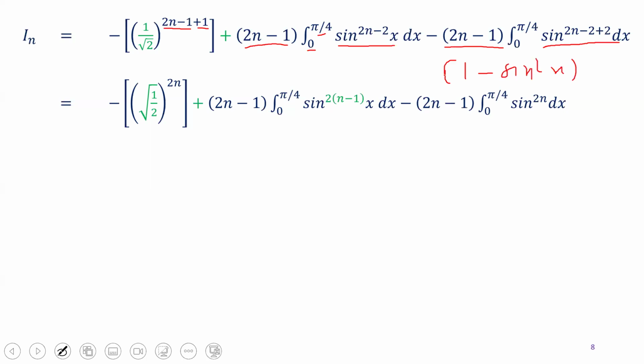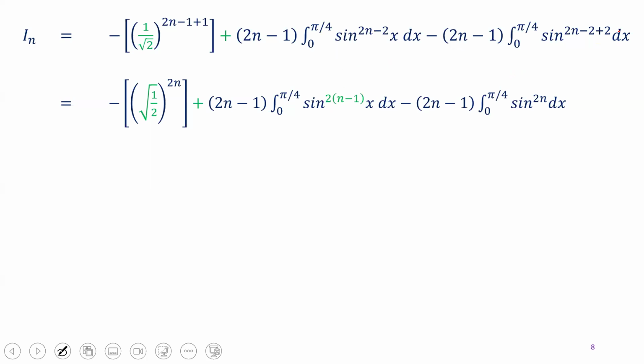It should be multiplied with sin^(2n-2)x dx. If you multiply with 1, we get the same expression, and if you multiply with sin^2 x, this plus 2 will be added over here.